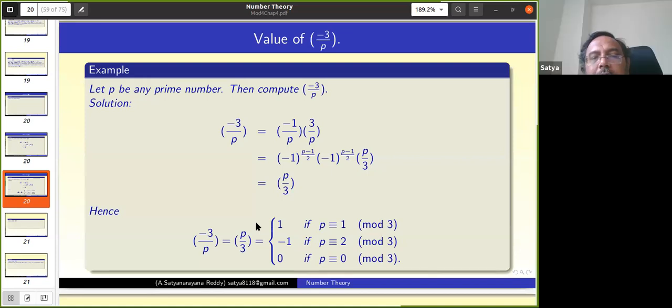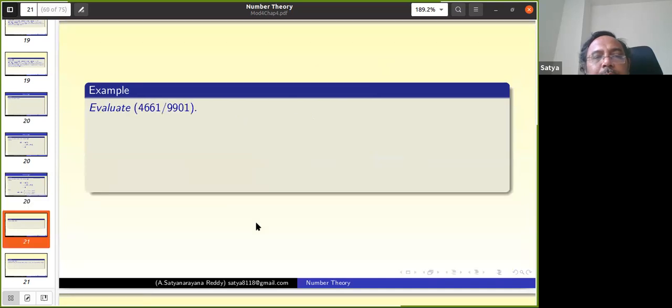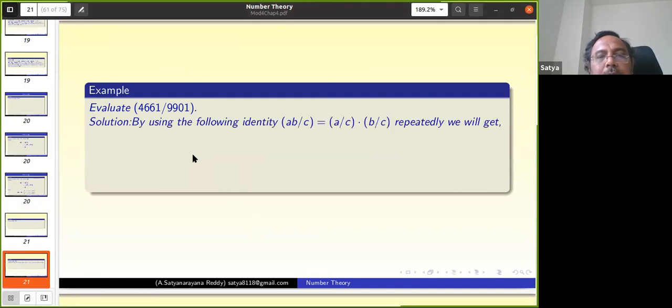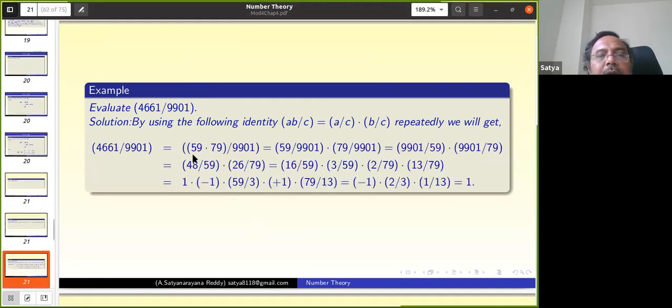Okay. One more simple problem and then I may stop. This is the question we need to do. This is very big; big numbers are given, right? But we know that AB by C equals A by C into B by C, which we'll use repeatedly.